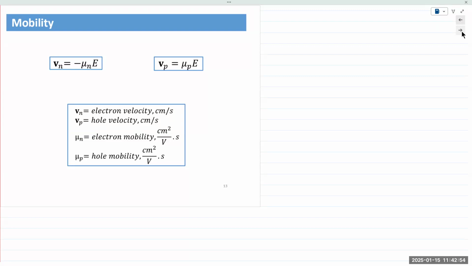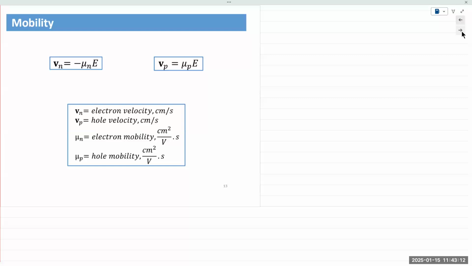Now, we can relate the velocity to the electric field. As the electric field increases, we would say the velocity would increase, just generally speaking. The more energy you supply, the higher your response.